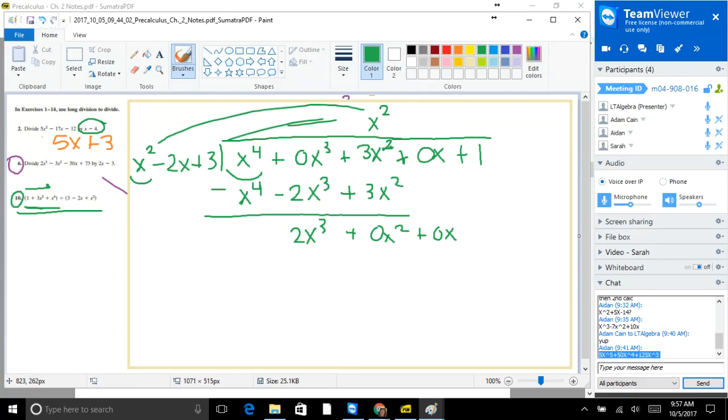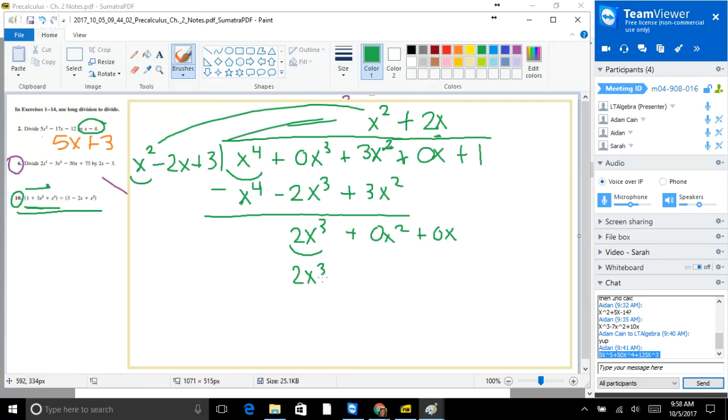All right, so now what do I want to multiply by to get my first term to be 2x cubed? I have an x squared. I want to multiply by 2x, right? Because 2x times x squared gives me 2x cubed.